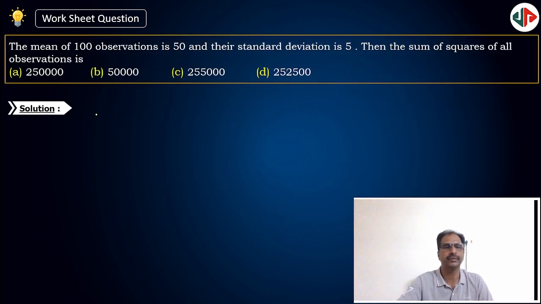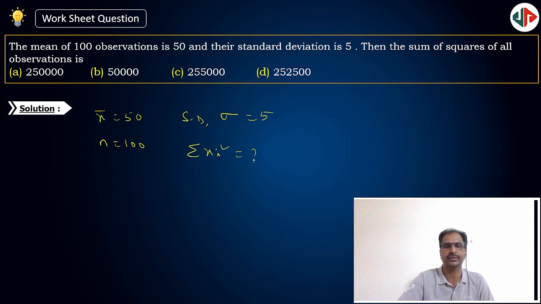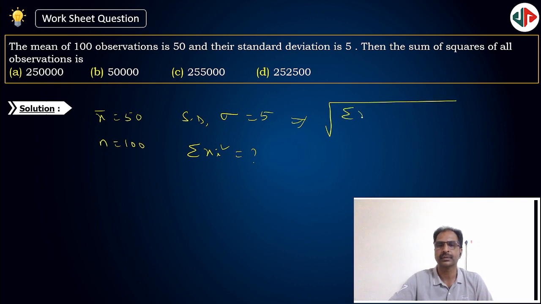Next, the mean of 100 observations. X bar is given as 50. Number of observations is 100. Standard deviation sigma is 5. Then sum of squares of all the observations, that is sigma xi square, is equal to how much? What is the standard deviation formula? Under root sigma xi square by n minus x bar whole square.